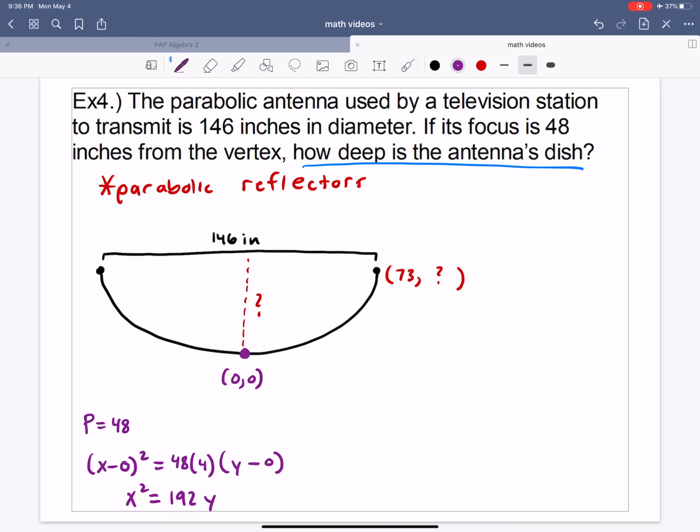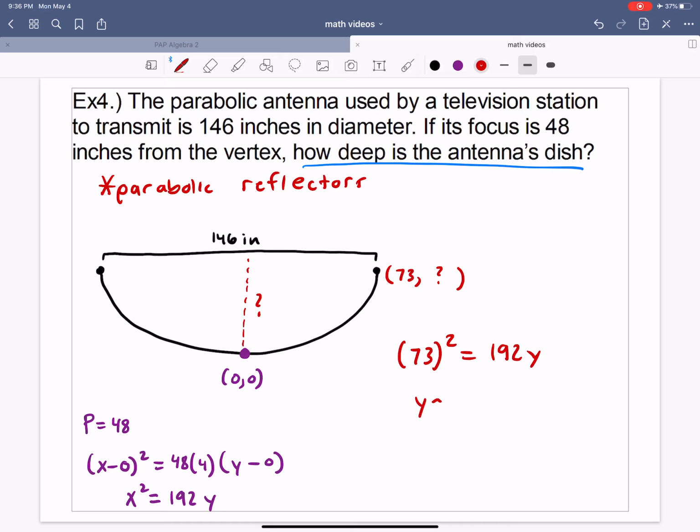Now, again, if I'm trying to find the depth of this satellite dish, in other words, that's the y value when x is 73. And again, if you're still struggling with 73, that's just half of 146. So to figure this out, I'm going to take that x value, and I'm going to plug it in my equation. So 73 squared equals 192y.